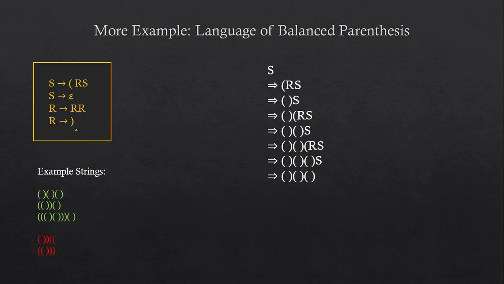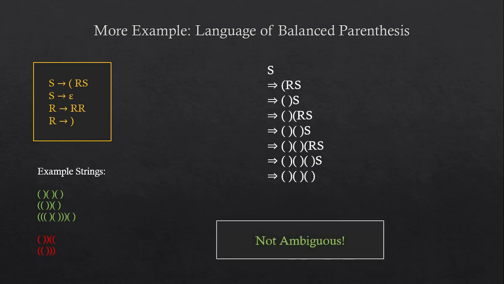In fact, using this grammar, there can be no strings which can be derived using two different leftmost derivations. This grammar is not ambiguous, which means the same language that was ambiguous a little while ago is not ambiguous anymore. So ambiguity is a property of the grammar, not the language.